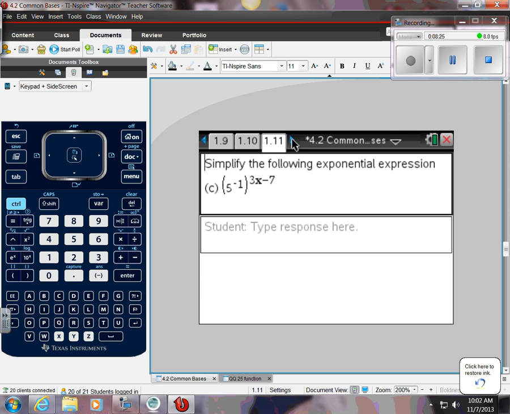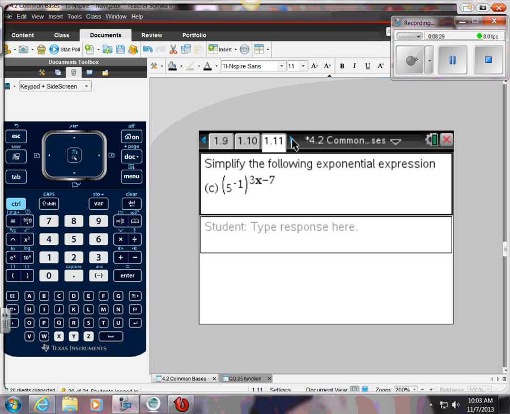C. First way, what's one way we could solve this? Or simplify this, I'm sorry. Simplify. 5 raised to the negative 1 is 1/5, raised to the 3x minus 7.